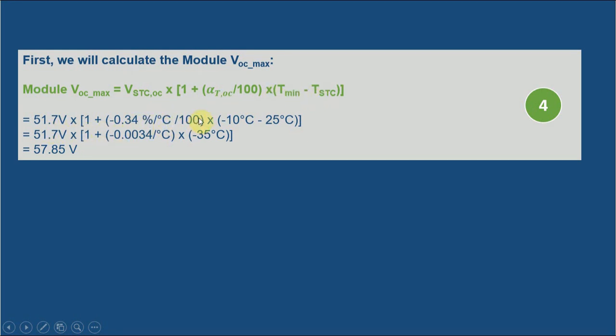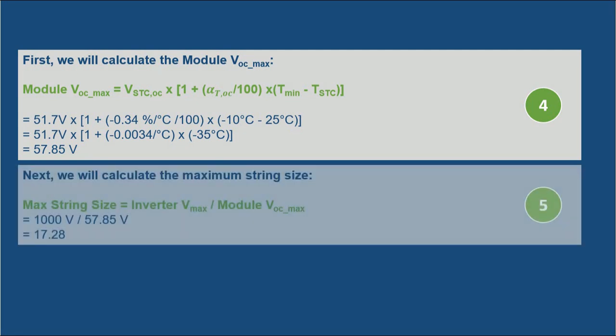After substituting all of these values, we get a voltage of 57.85 volts, which is greater than the STC open circuit voltage. This is expected, since the lowest temperature will increase the voltage.